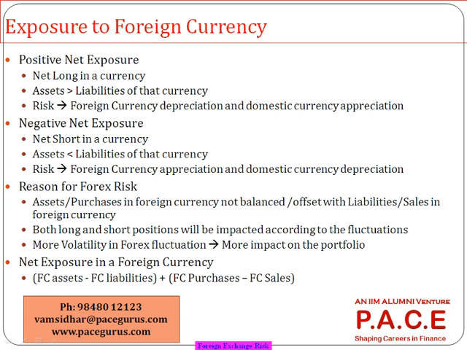If I look at a typical Indian bank, how much loans they have given to US customers is their asset portfolio, USD based assets. How much borrowings they have done in USD, their USD based liabilities.